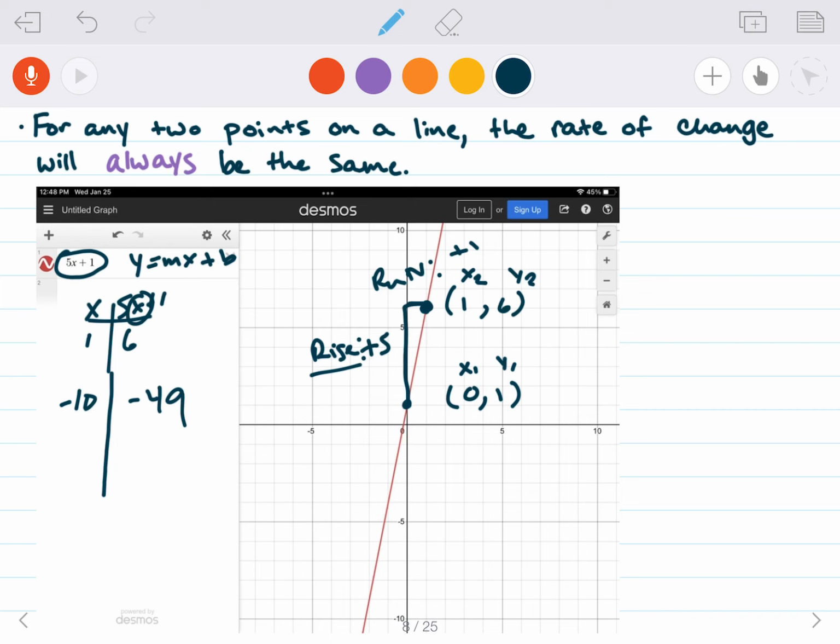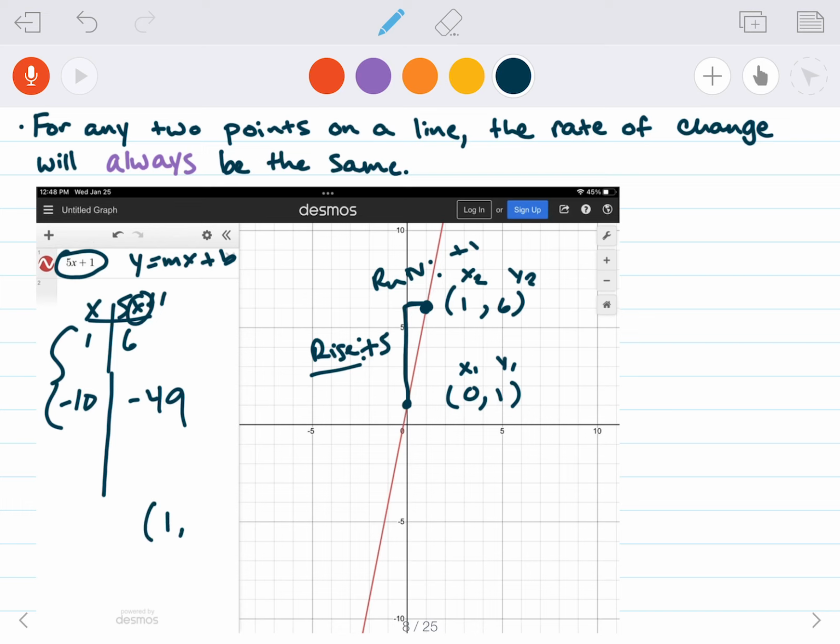Beautiful. So I claim that the rate of change between those 2 points is going to end up being 5. And we can see it with the formula, because obviously we can't do rise over run here since -10, -49 goes off the graph. But let's use the formula.